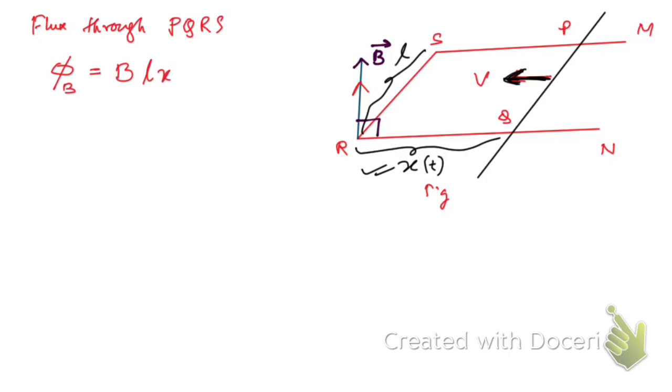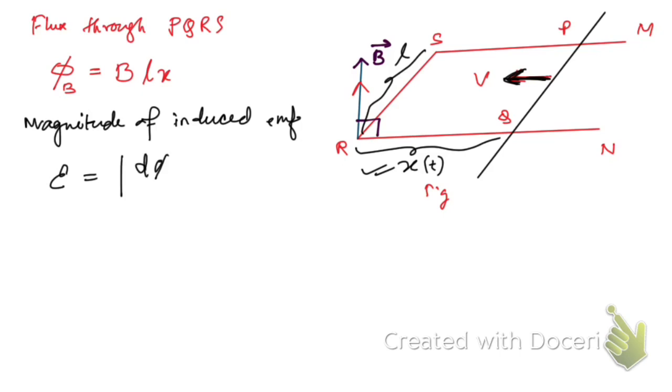Now what will be the magnitude of this induced EMF? The magnitude of induced EMF will be equal to, we are taking the magnitude, d phi by dt.